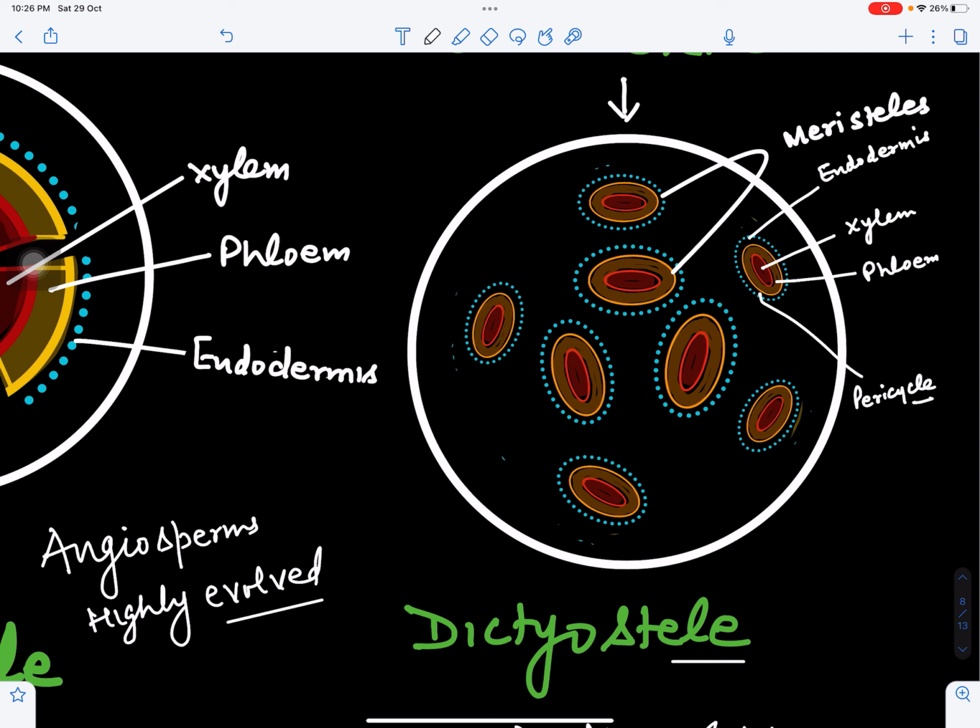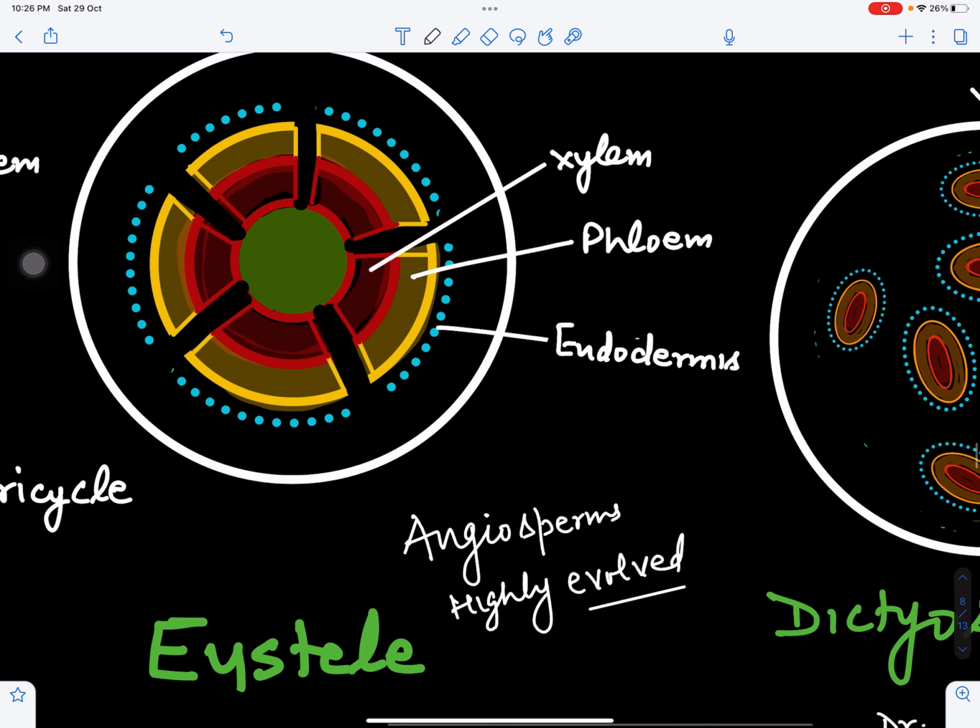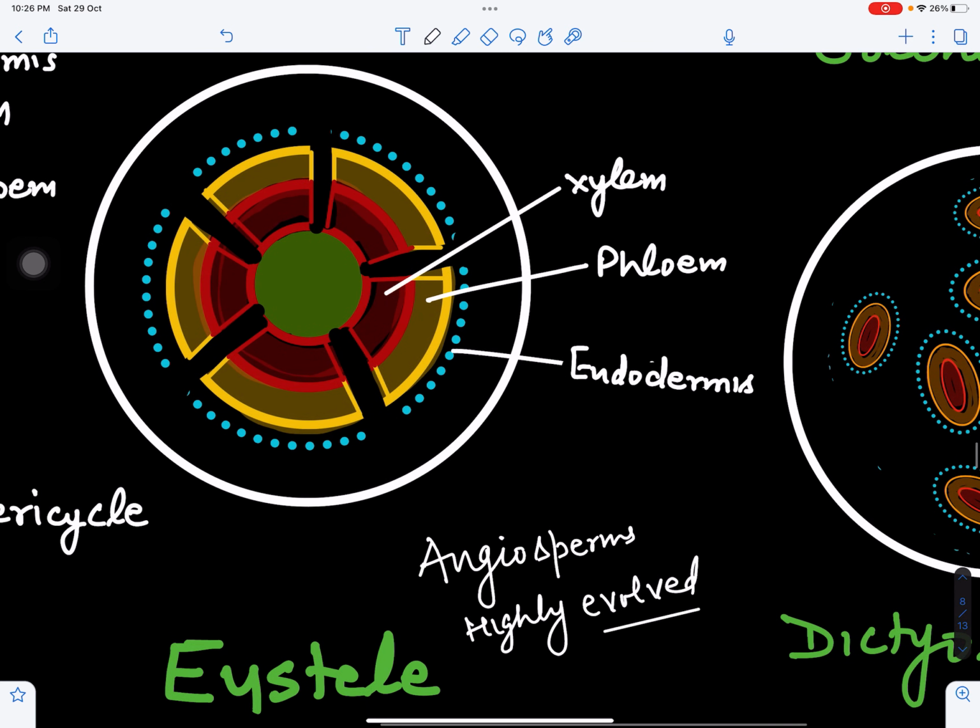Meristeles are small steles, dissected steles. If there are more than two rings, then this will be called as polycyclic dictyostele. So we have seen, if there is no pith, this is protostele, and if there is pith, this is siphonostele, and if this is dissected, this is called as eustele. And this type of stele is found in highly evolved vascular plants, that is flowering plants, angiosperms. So this is how evolution of the stelar system has taken place.